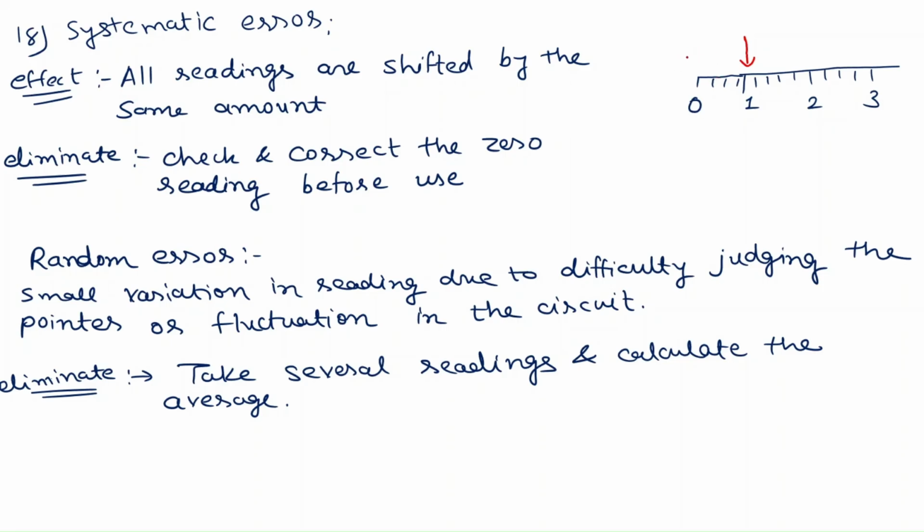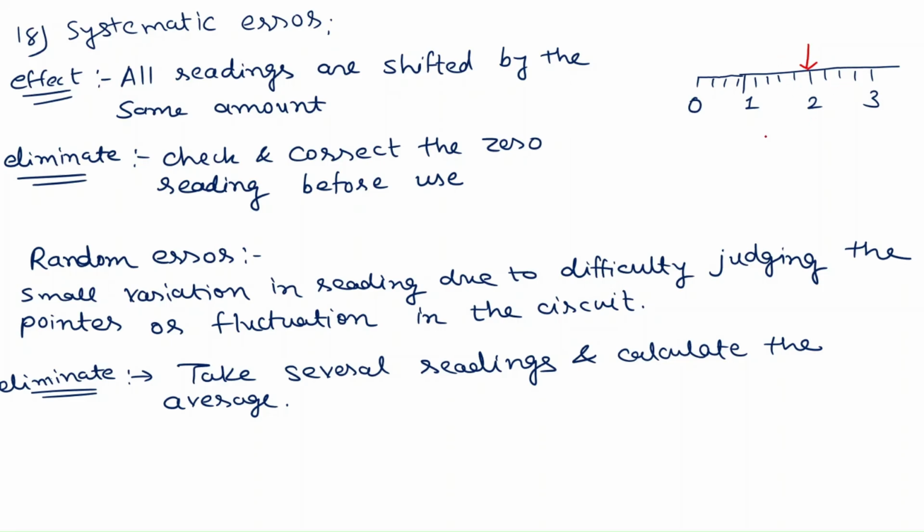Whenever you perform an experiment with this voltmeter and find the potential difference across a resistor, you will get, let's suppose, 3 volts. But actually it is 2 volts. Why? Because the needle already shows one when the voltmeter is not in use.